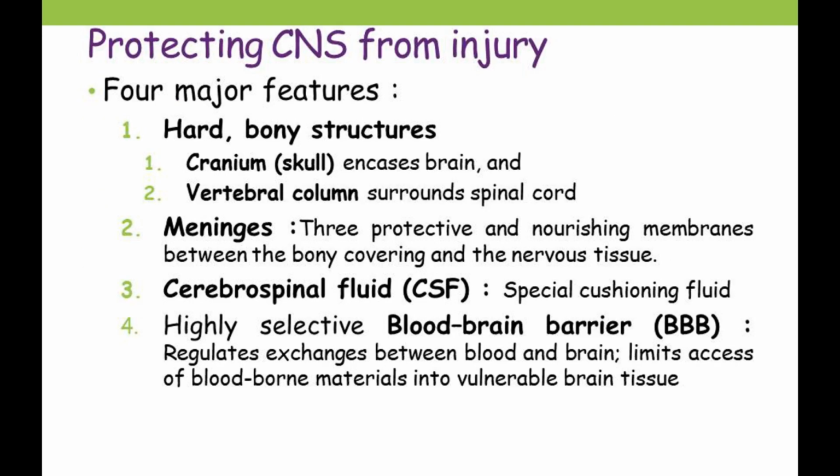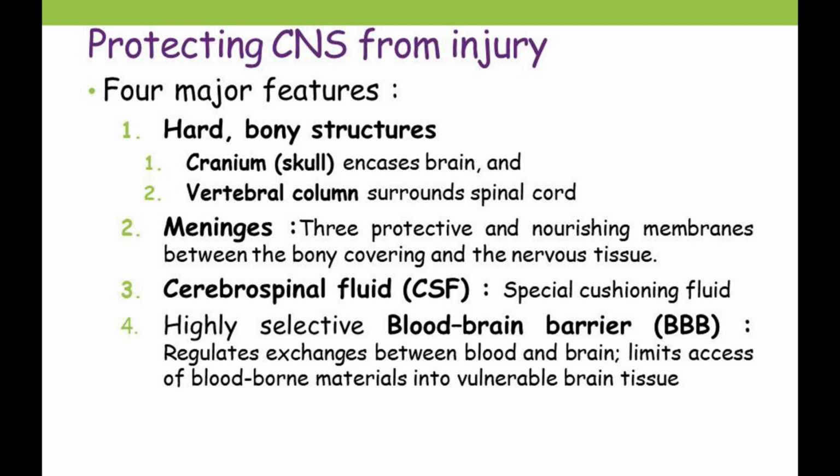So the central nervous system is protected from injury by four major features present in your body. One is the hard bony structures, the cranium or the skull, which encases the brain, and the vertebral column, which surrounds the spinal cord.